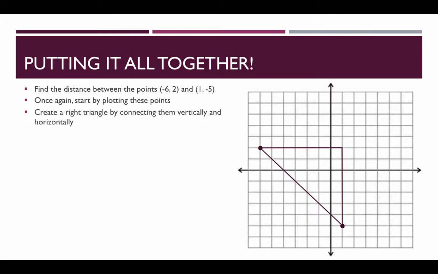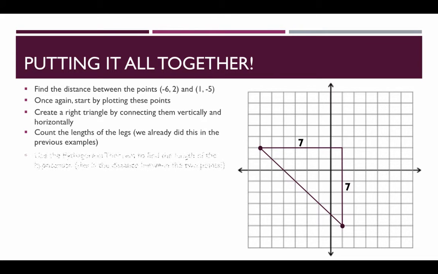So I have my right triangle created, and now I'm going to count the lengths of the legs, which are the distances from the first two problems. So they're both 7.